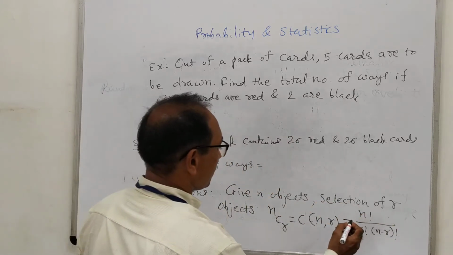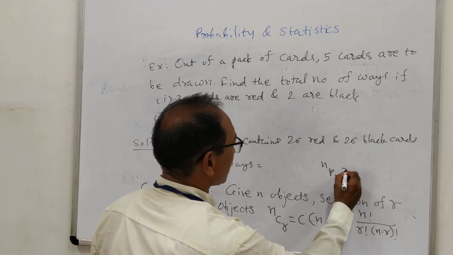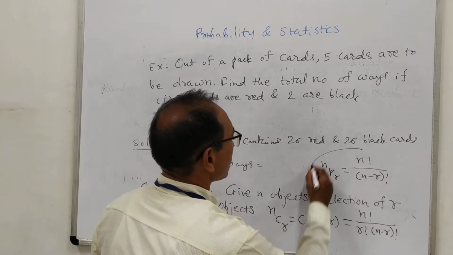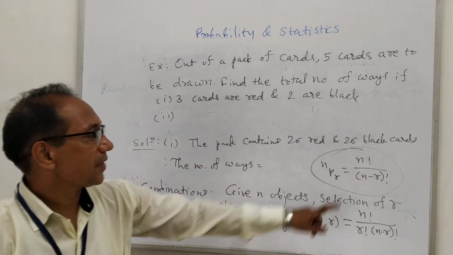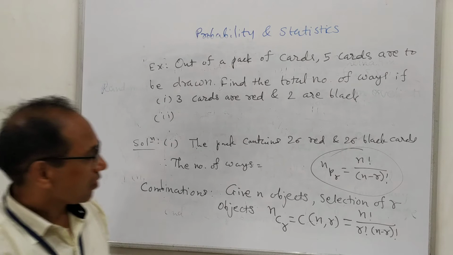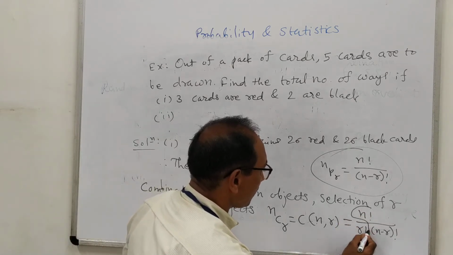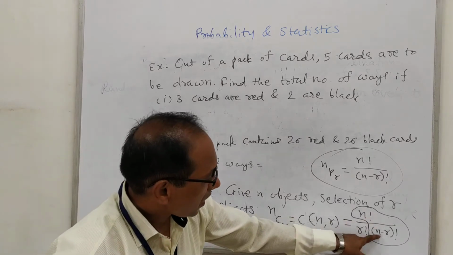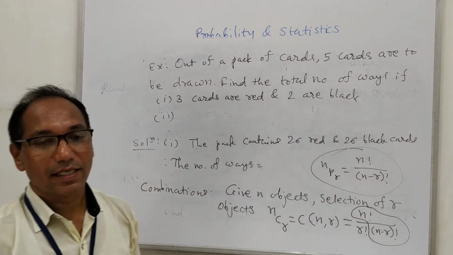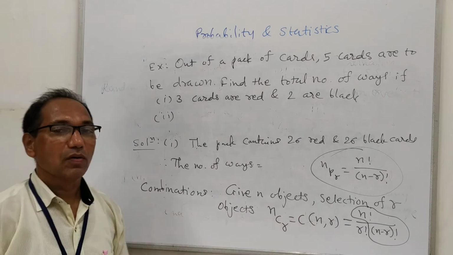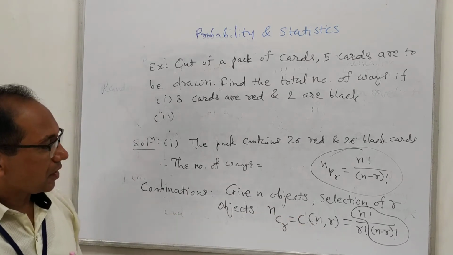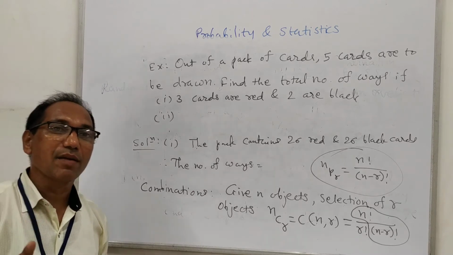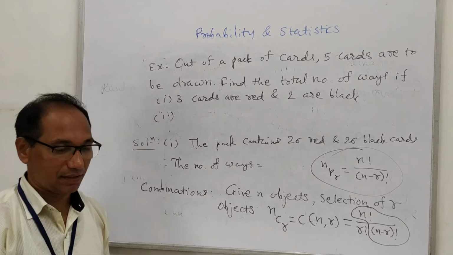Now we will verify this with nPr, which we defined as n factorial upon n minus r factorial. This includes both selection as well as arrangement. So what is the difference between these two? Here we don't require the arrangement. This part includes arrangement as well as selection, but arrangement we need to exclude from this. And we know that r objects can be arranged in r factorial ways.